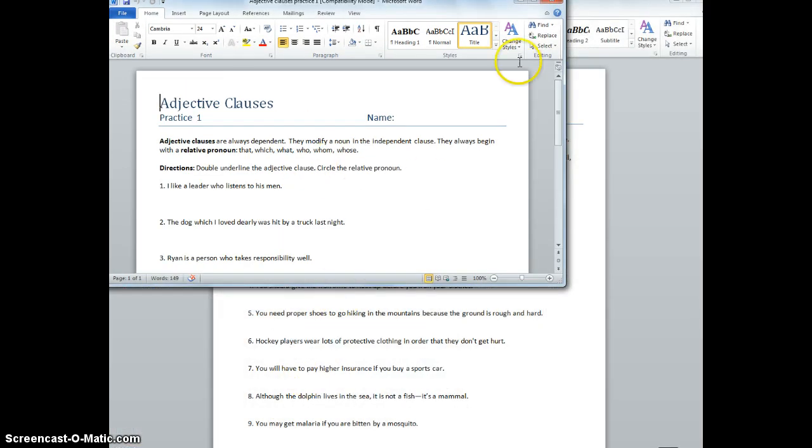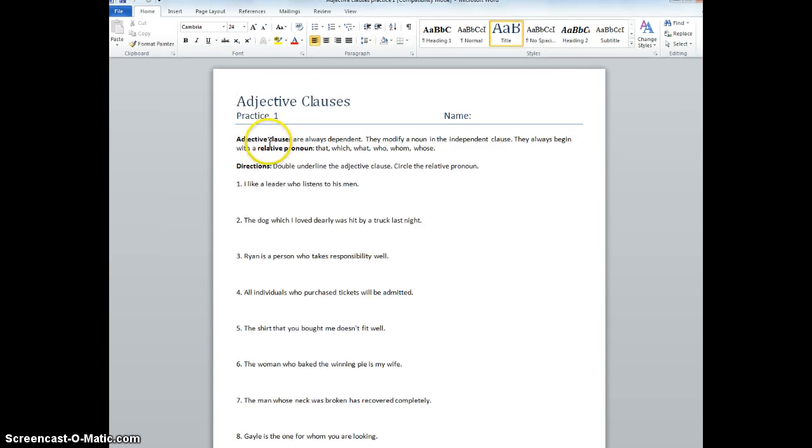Next, your adjective clause is very similar, except your adjective clause modifies a noun in the independent clause. Again, adjective clauses are always dependent, and they always begin with a relative pronoun. Relative pronouns are that, which, what, who, whom, and whose. And so again, what I want you to do here in your notes is write the adjective clause out and then circle the relative pronoun.